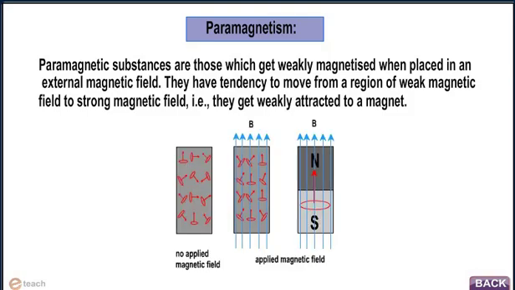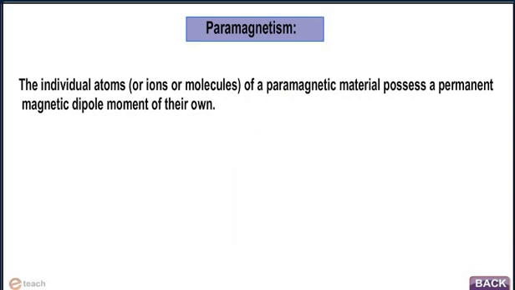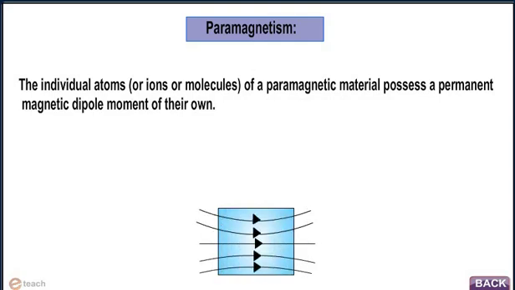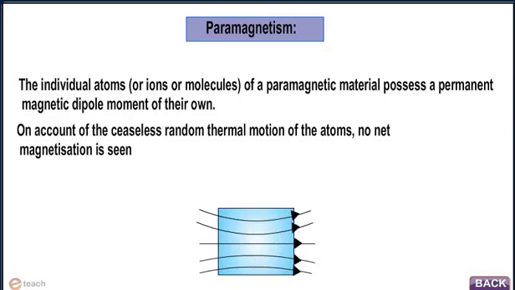Paramagnetism. Paramagnetic substances are those which get weakly magnetized when placed in an external magnetic field. They have tendency to move from a region of weak magnetic field to strong magnetic field, that is, they get weakly attracted to a magnet. The individual atoms or ions or molecules of a paramagnetic material possess a permanent magnetic dipole moment of their own.